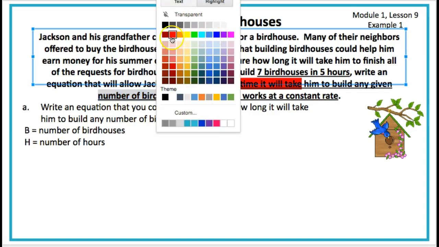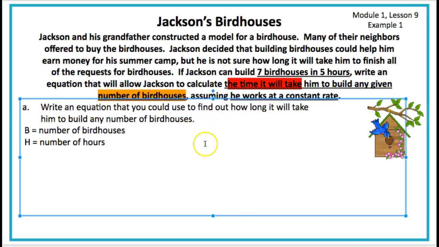So in this equation, what we're looking for is the time per birdhouse.